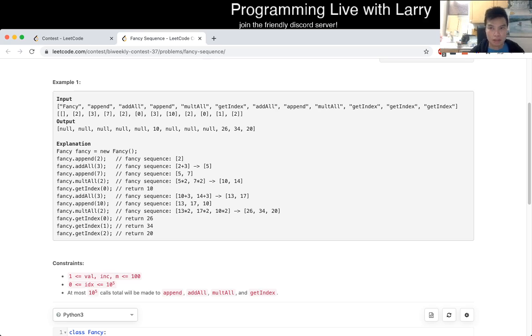It's 10 to the 7. Is that 10 million? That's probably too slow, right? I think the value being 100 is actually something to notice.